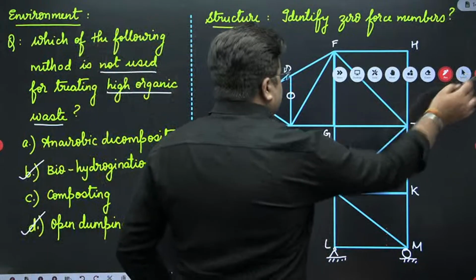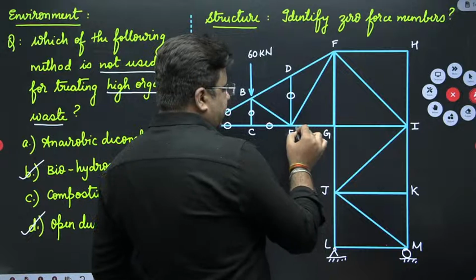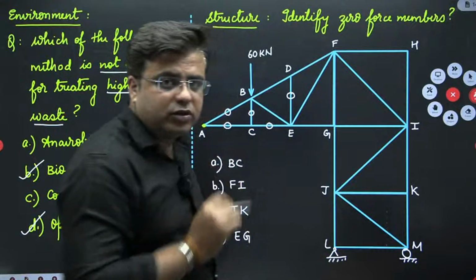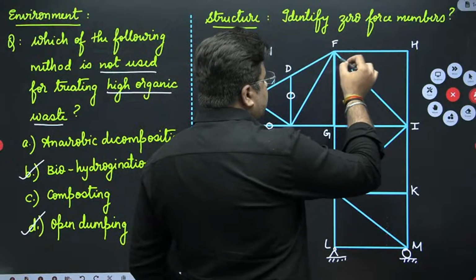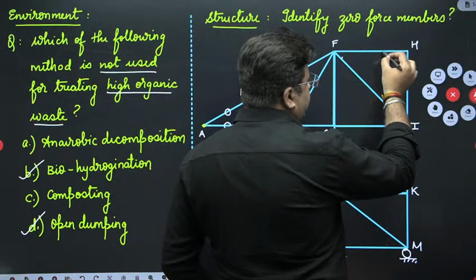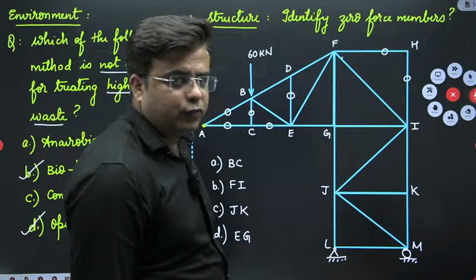Then at joint E, two members are meeting and a third member is also meeting, so we cannot comment on zero force members there. At joint F, 5 members are meeting, so we cannot comment. Over joint H, two members are meeting and no external load is acting, so both members are zero force members.